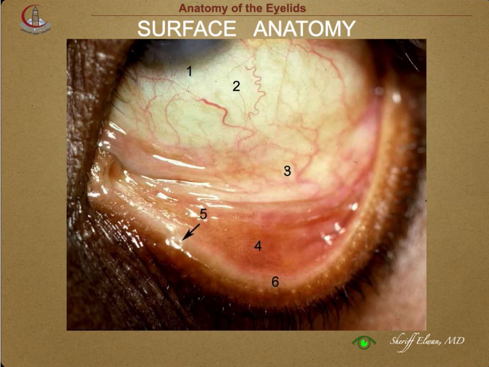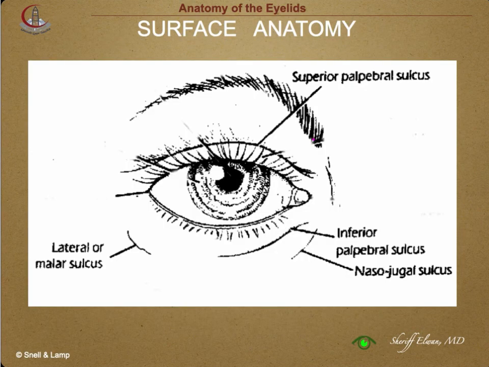Of course, here represented by number 5, and number 6 is the posterior lid margin, which is sharp, and 4 is the palpebral conjunctiva, 3 is the fornix, 2 is the sclera, and 1 is the conjunctiva.